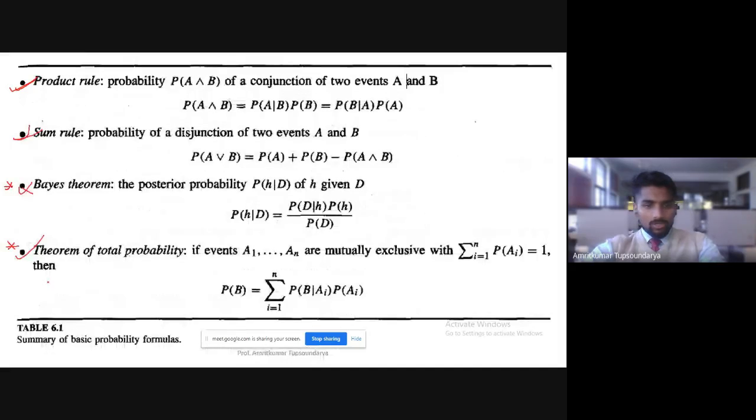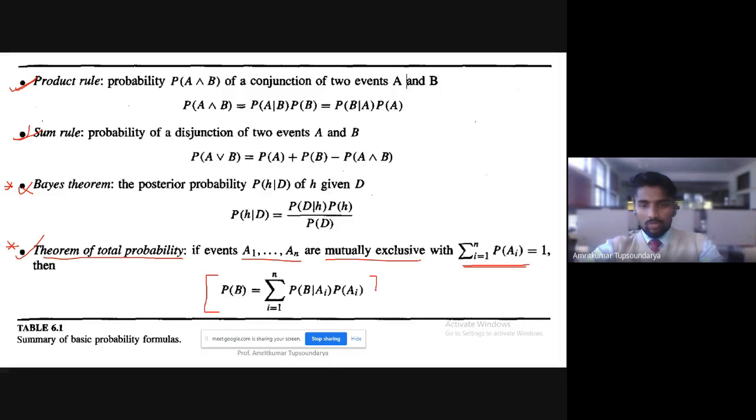Yes, so this particular formula here, the theorem of total probability, wherein for events A1 to An, we have these many events that are mutually exclusive. When these events are mutually exclusive, then we sum up the probability of all these events, and the sum of the probabilities of all the events is equal to 1.